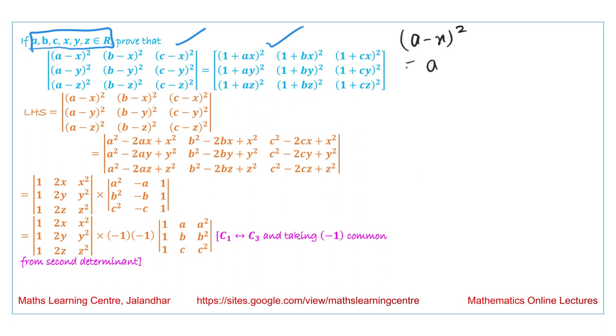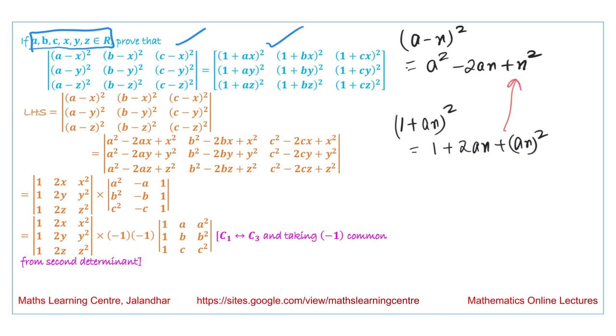If we open this, we have a square minus 2ax plus x square, and the answer we require should have 1 plus ax whole square, that is 1 plus 2ax plus a square x square. So we have to rearrange the terms of this matrix, separate them, and convert this form to this particular form.